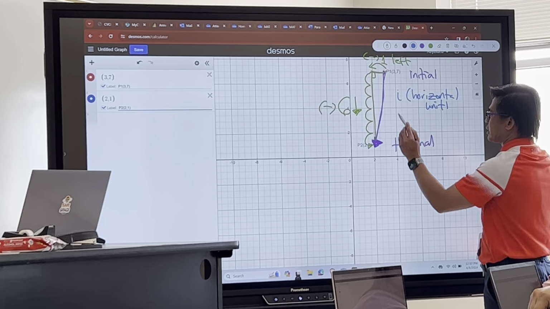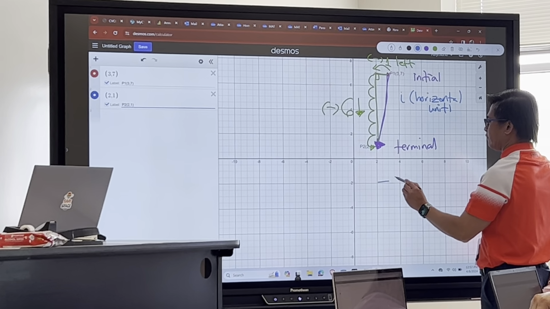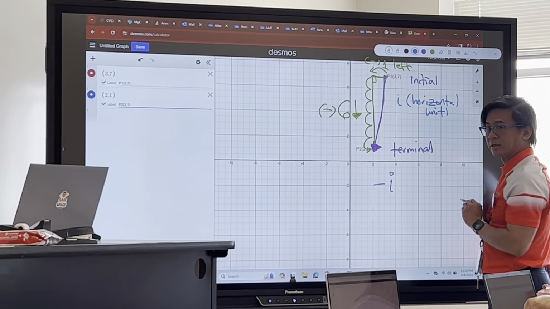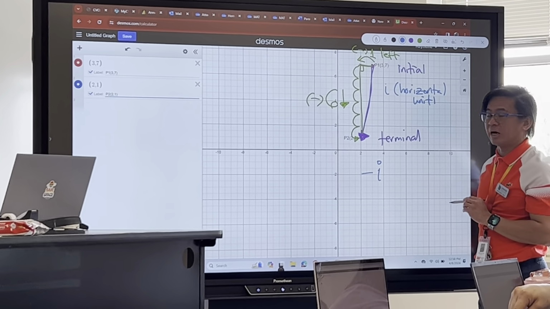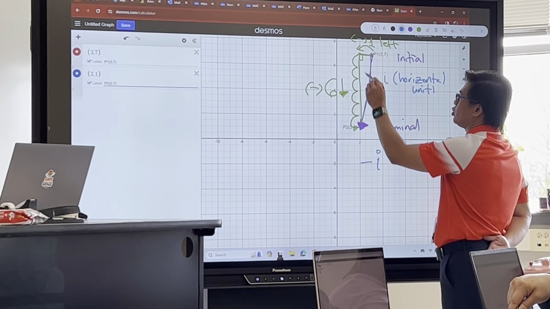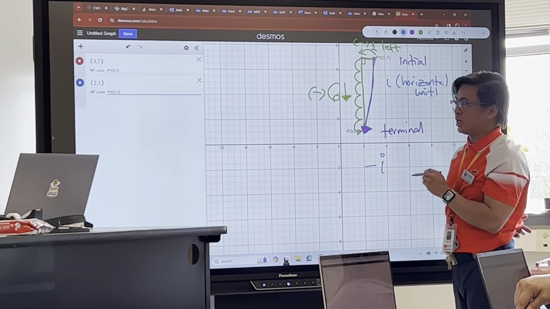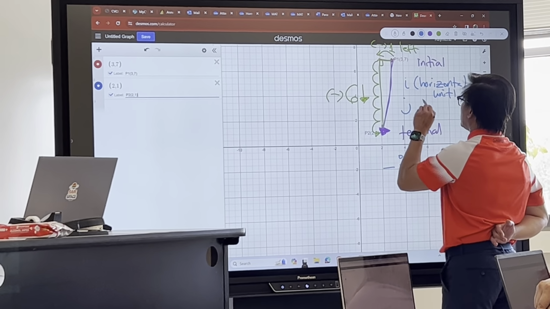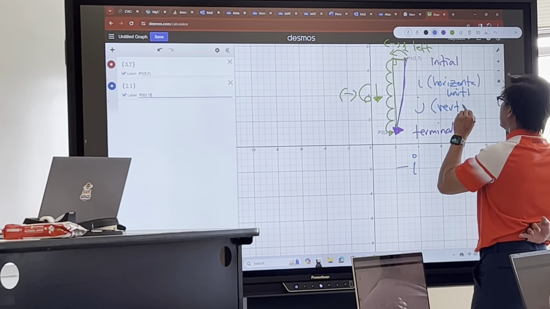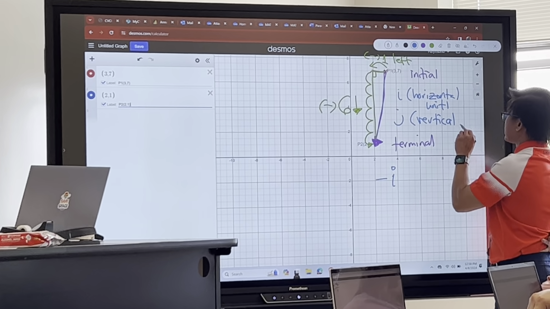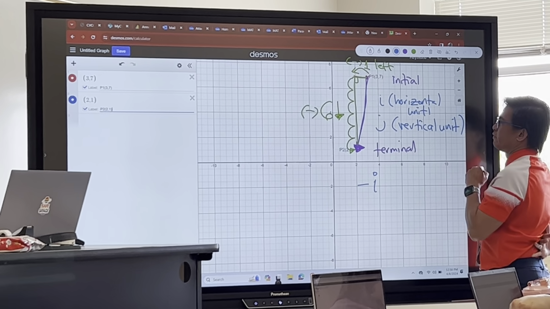So that means that one can be written as -I, okay, -1I. And then in here, how many unit vectors down? Those are what we call J instead, right? So J are what we call our vertical units for the vector.